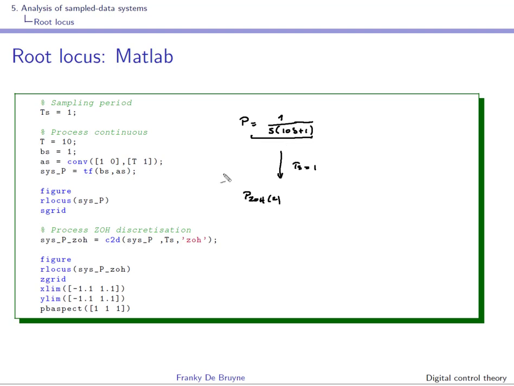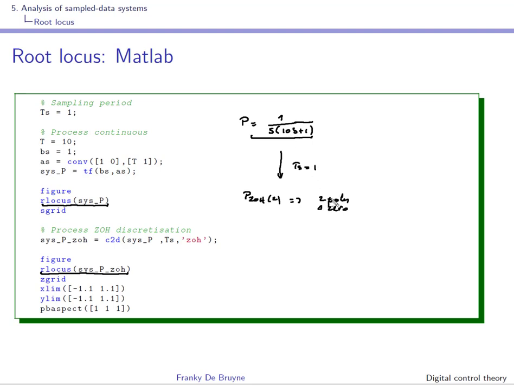We'll see that when we consider the root locus of the original continuous time system and then the root locus of the discrete system, we draw different conclusions. We will see here that there are 2 zeros at infinity, but after discretization we'll have 2 poles and 1 finite zero, and of course there is another zero at infinity.